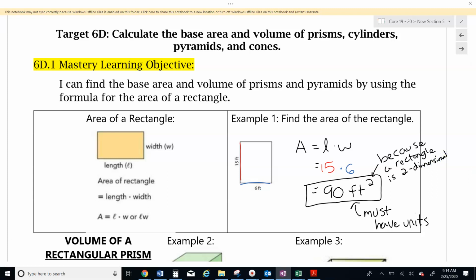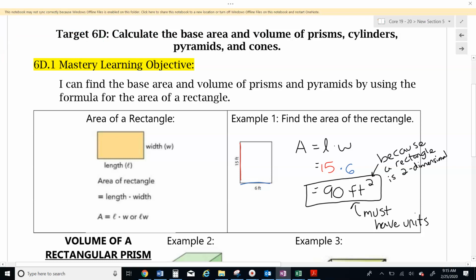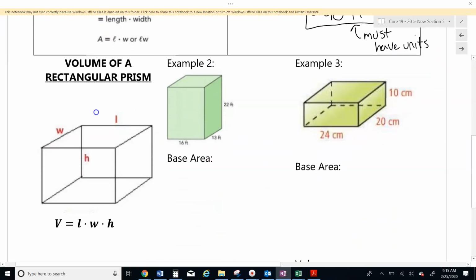So a rectangle is 2-dimensional, so the unit is squared. All right, so basic area of a rectangle, again, we probably already know, hopefully. So then we can go into volume.